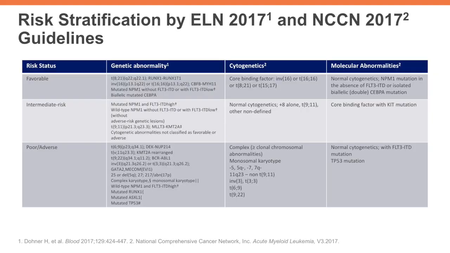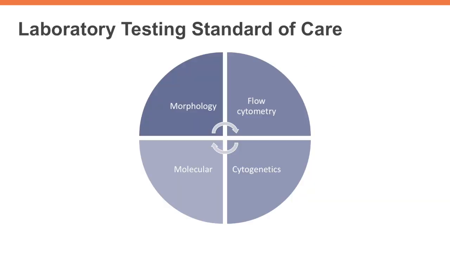This allows us to perform risk stratification by using either the European LeukemiaNet or the NCCN Guidelines, which allow us with all of this information to separate patients into favorable, intermediate, or adverse categories, and this drives therapy and prognosis.